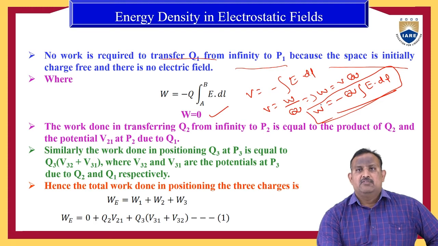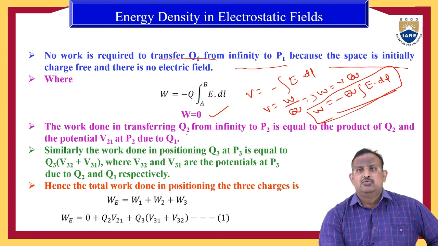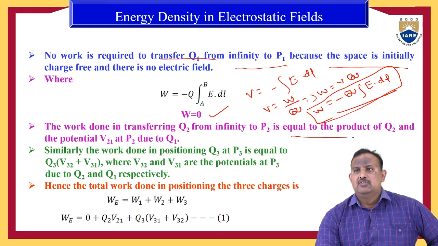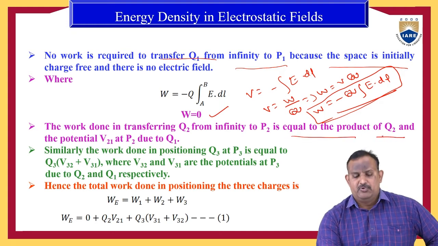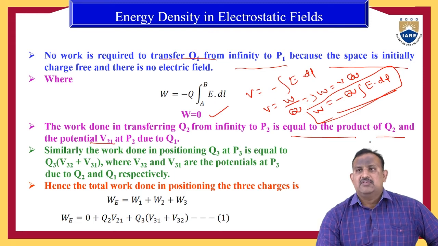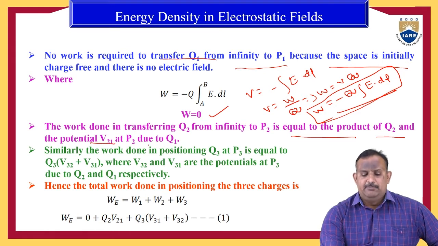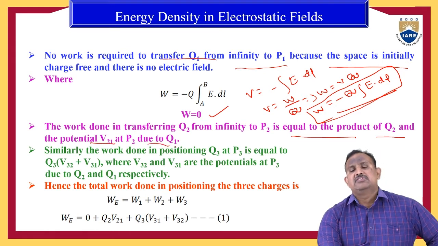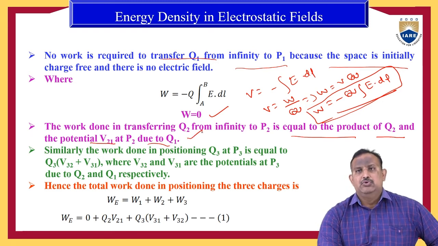So the work done in transferring Q2 from infinity to P2 is the product of charge Q2 and potential V21, where V21 is the potential at point P2 due to the charge Q1.